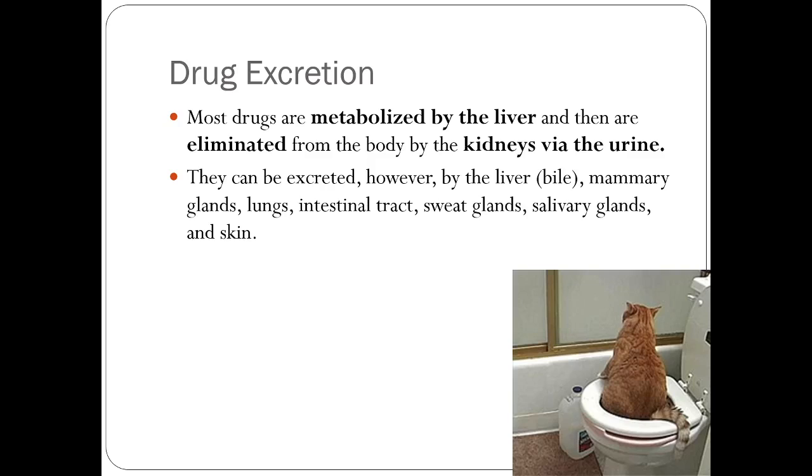Most drugs are metabolized by the liver and then are eliminated from the body by the kidneys via urine. They can be excreted by the liver through bile and the intestinal tract, from the mammary glands, from the lungs, and the sweat glands, and salivary glands, and skin.